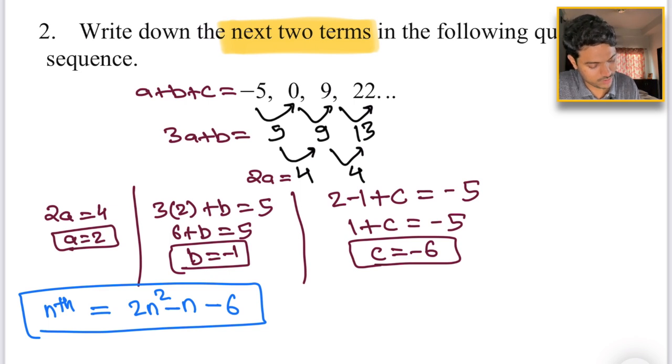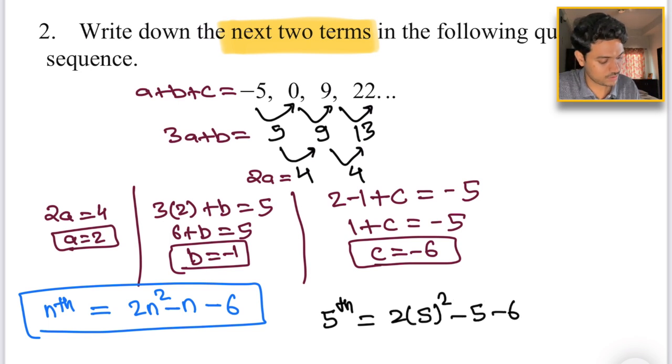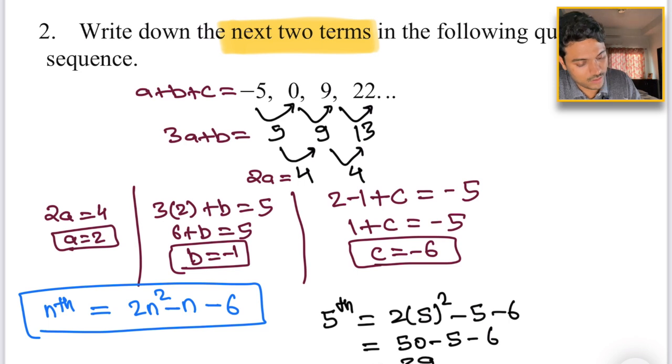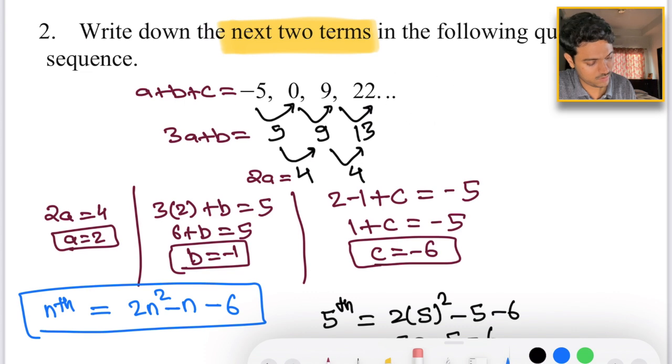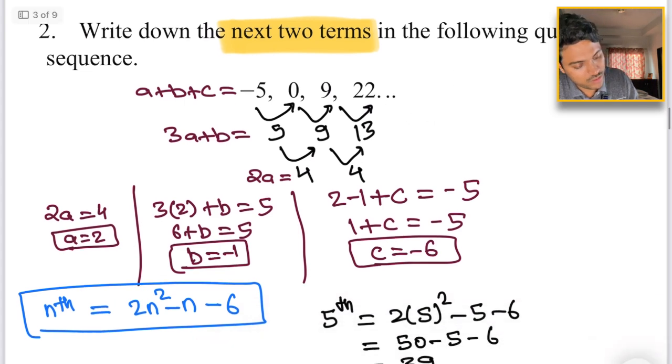To find the fifth term, let's substitute 5. So 2 times 5 square minus 5 minus 6. So that's 25 into 2, 50 minus 5 minus 6. 50 minus 5 is 45. 45 minus 6 is 39. So next term is 39 here, positive 39.